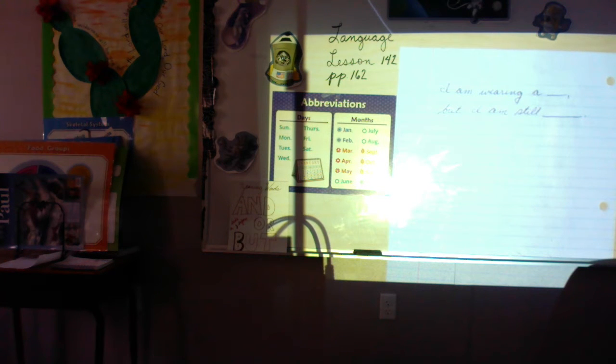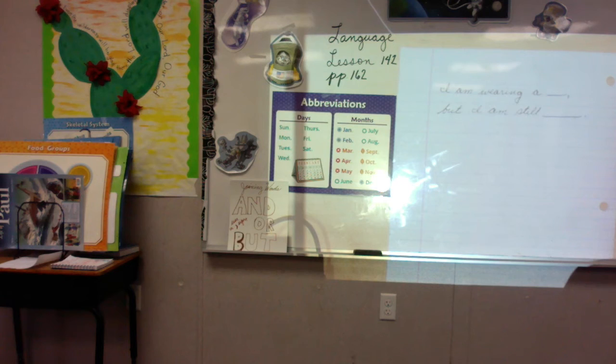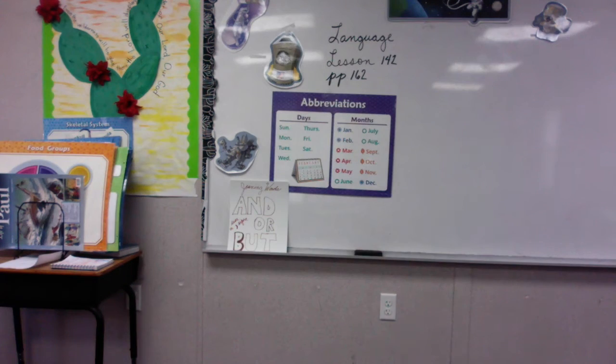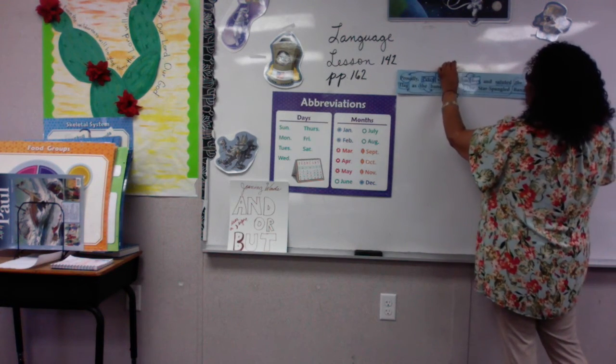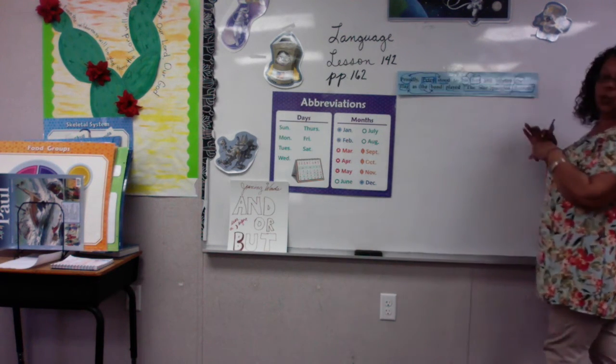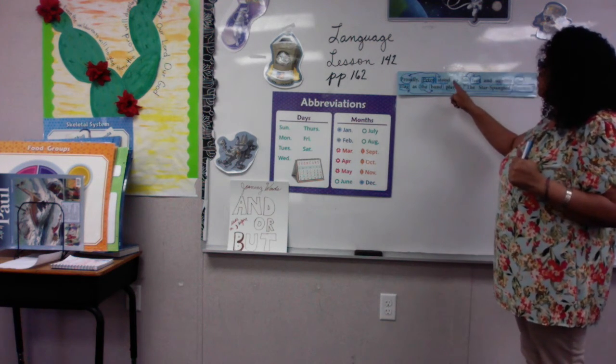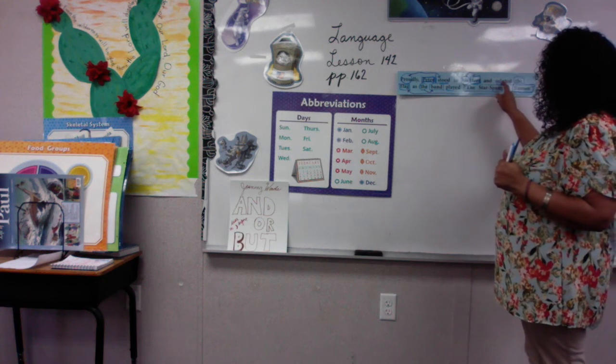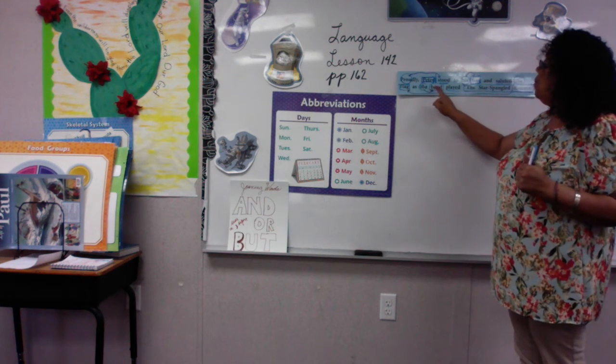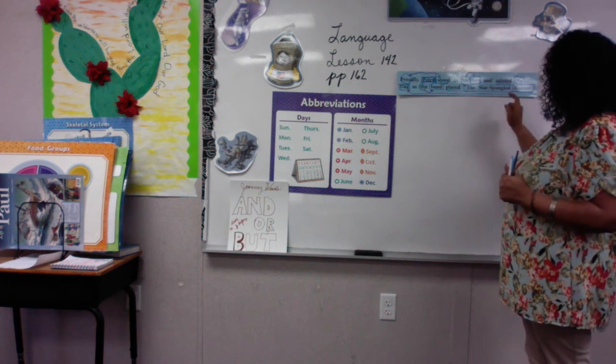Okay, so now moving on to our sentence strip. I have a sentence strip that you are going to classify the different items on in the sentence. I did the first one already. It says, proudly Peter stood to his feet and saluted the flag as the band played the Star Spangled Banner.